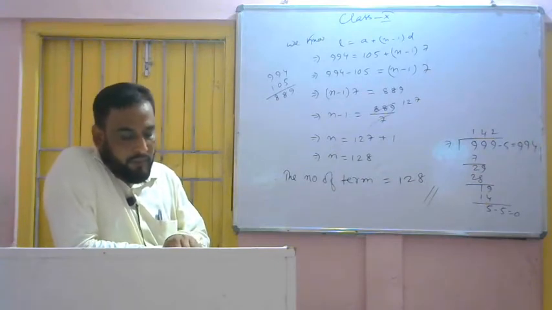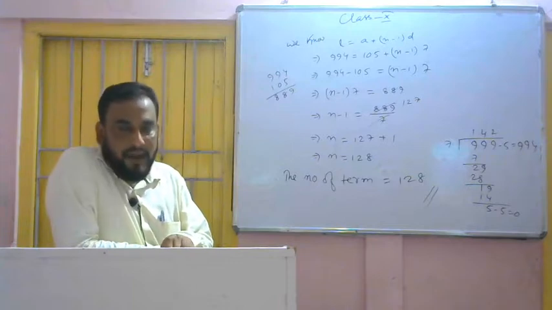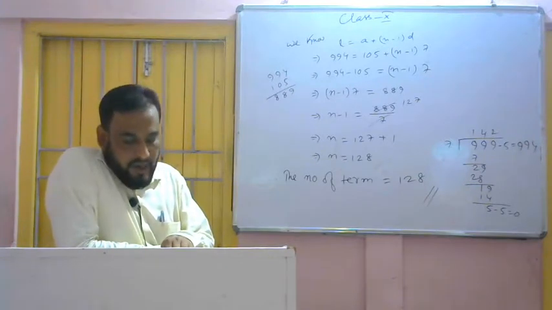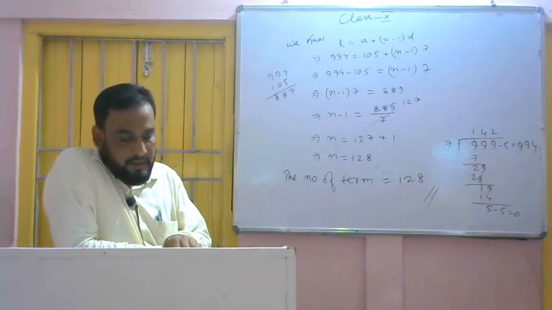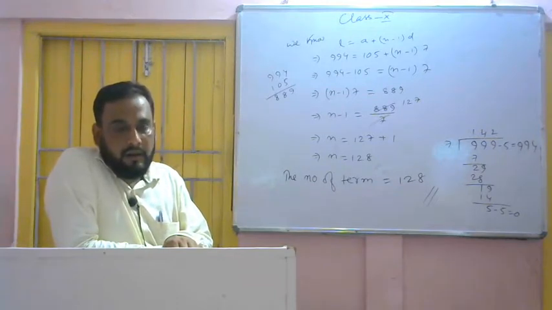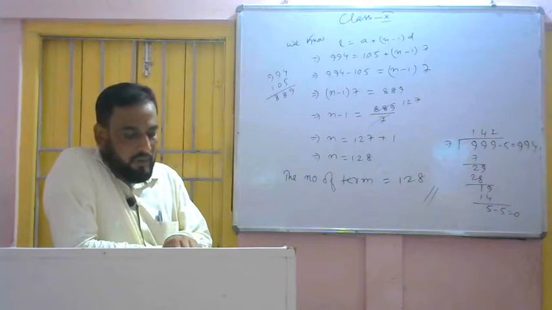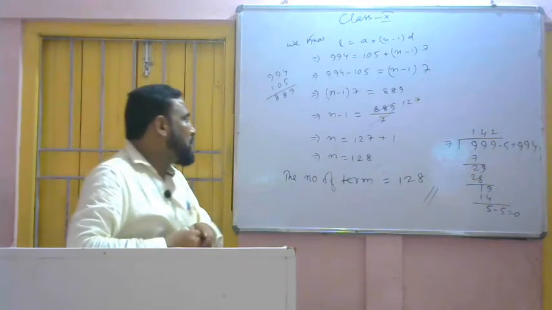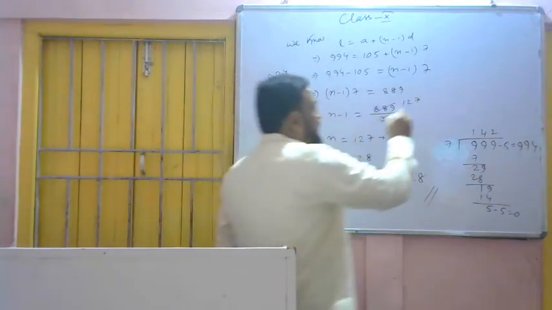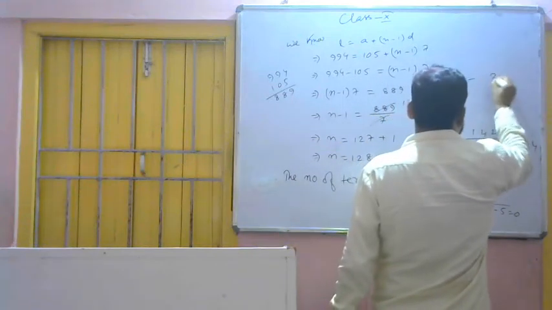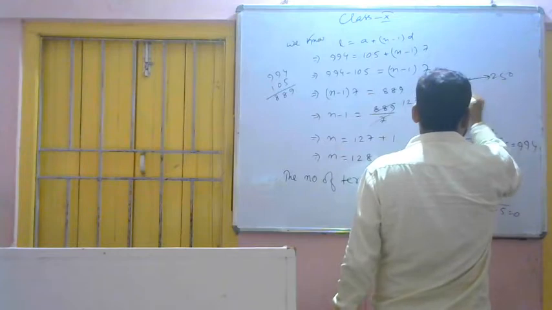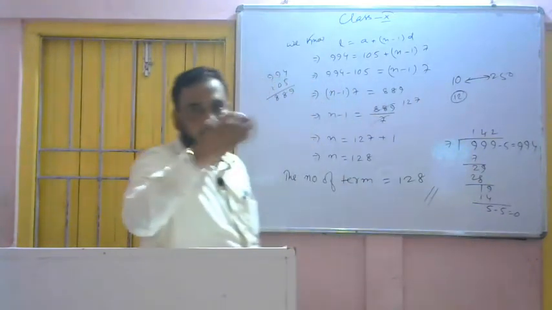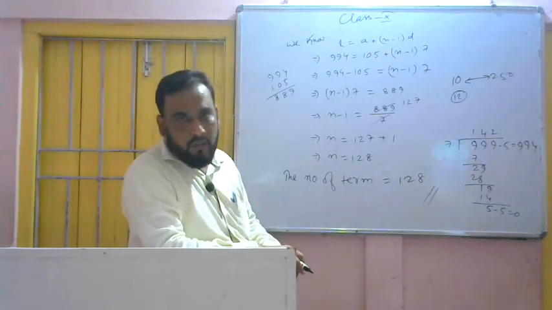So multiples of 4 between 10 and 250 is simply, use the table of 4. In between 10 and 250, the first term will become 12. 10, 11, 12, which is divisible by 4.